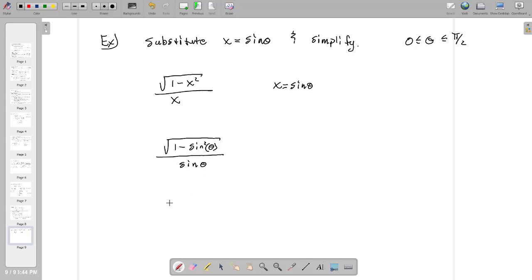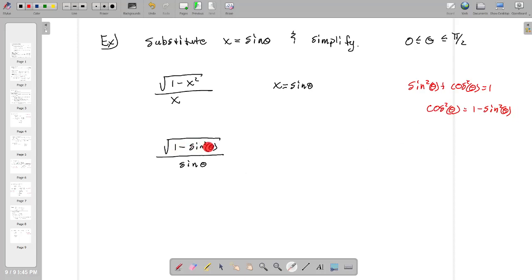Now, how do we simplify this? Well, it's exactly how I told you. We had the identity, sine squared theta plus cosine squared theta is equal to 1. Now, if we subtract the sine squared over, we would have cosine squared theta is equal to 1 minus sine squared theta. Now, notice 1 minus sine squared theta, 1 minus sine squared theta. So we have exactly the right-hand side of this identity, so we can substitute cosine squared theta.